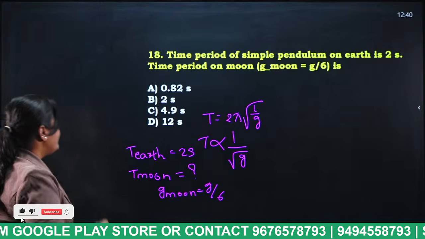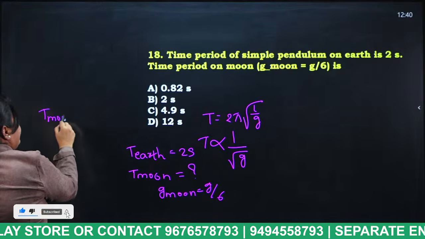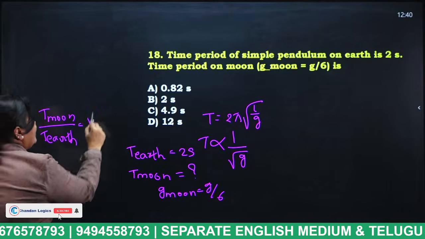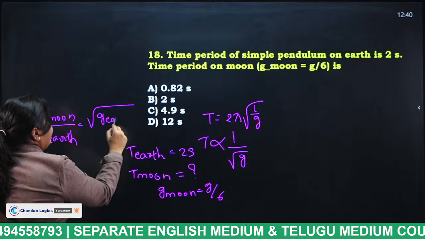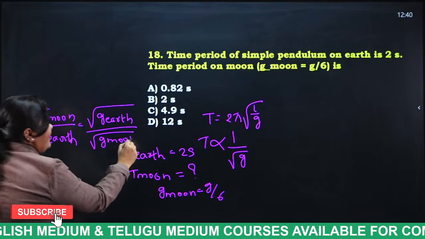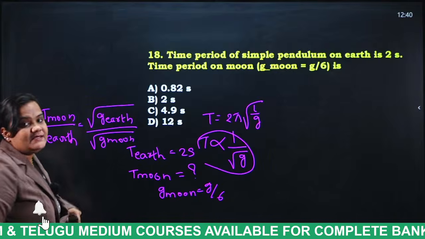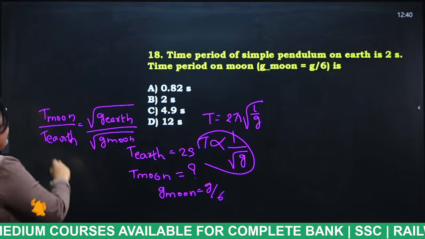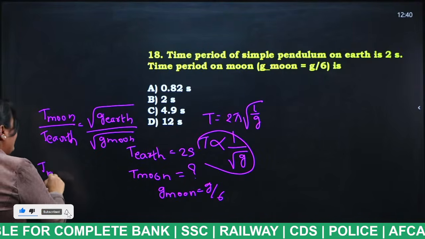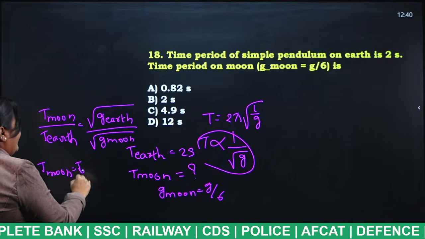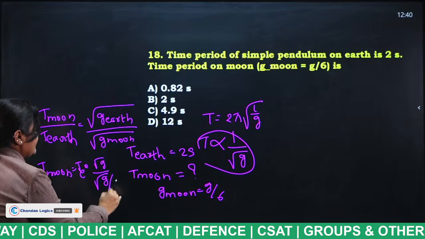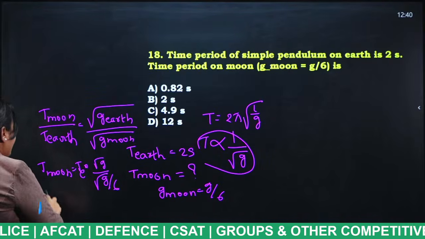T moon by T earth is going to be under root G earth by under root G moon. From this formula we are getting this equation. We have to find the time period of moon. Now time period of moon is going to be time period of earth into under root G by under root G by 6. From this, what you are going to get, students?